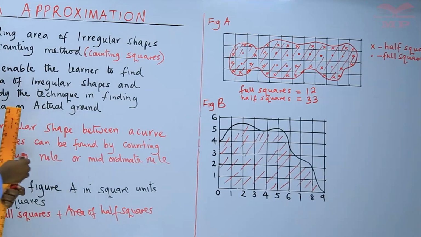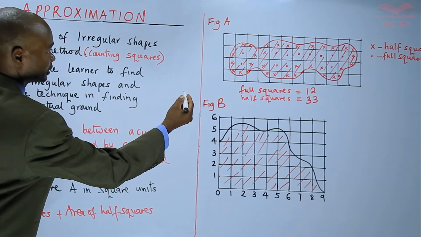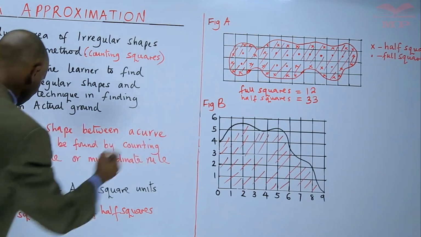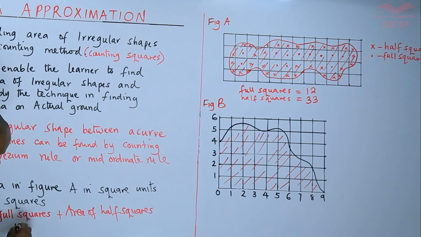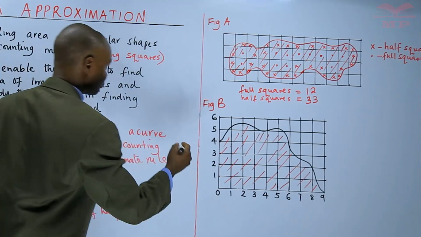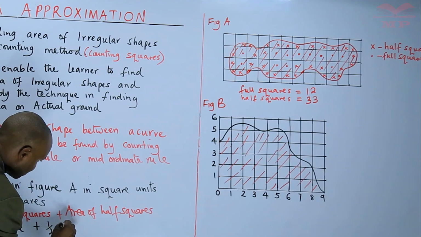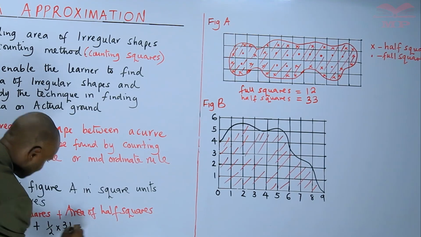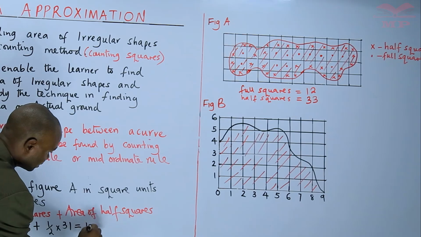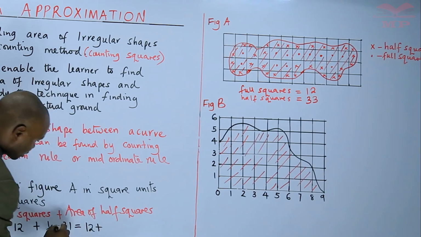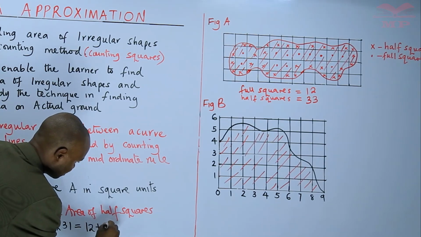So when you are getting the area, the area of the full squares is 12 of them, plus, since these ones are a half, you'll take a half times 31. That will give you 12 plus 15 and a half.